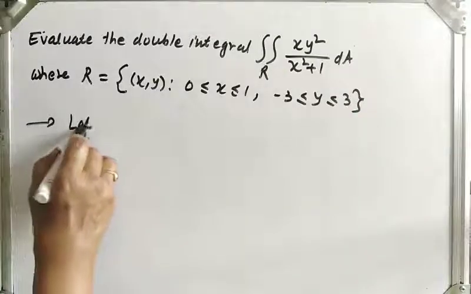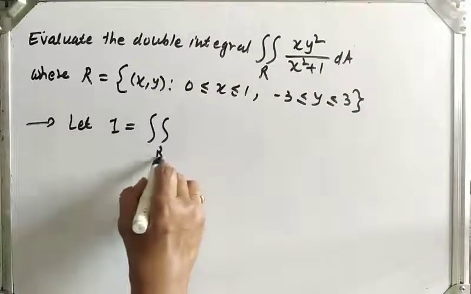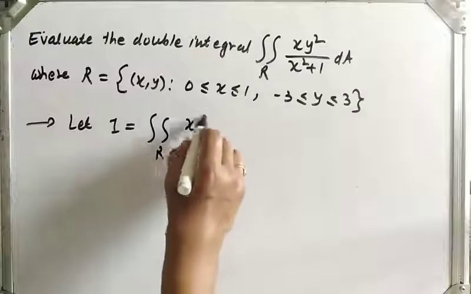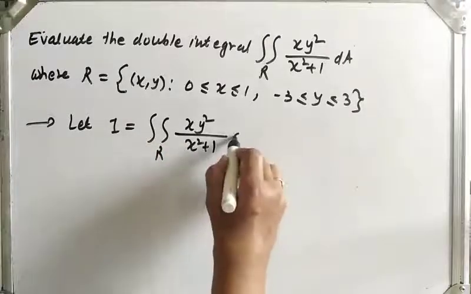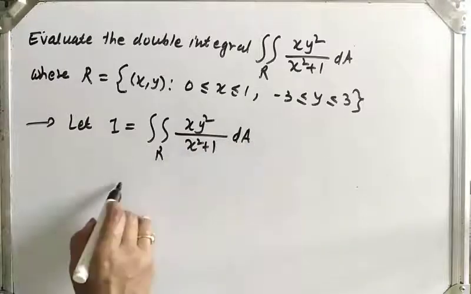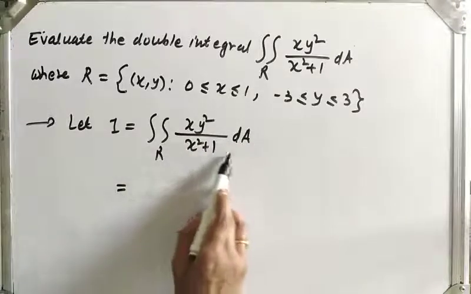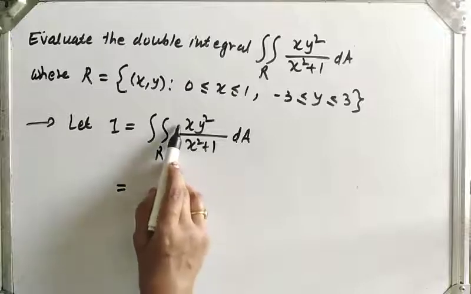So let I be equal to the double integration over R of xy square upon x square plus 1 into dA. Now you can see, what is the derivative of x square plus 1? Its derivative is 2x, so we can adjust it.